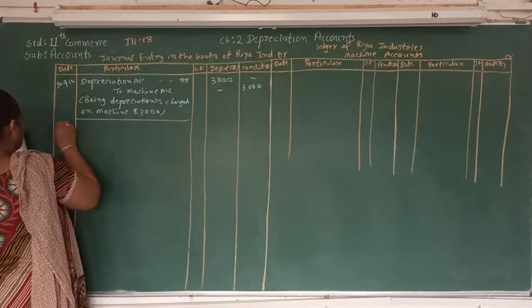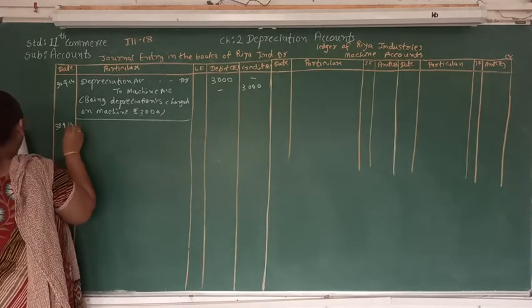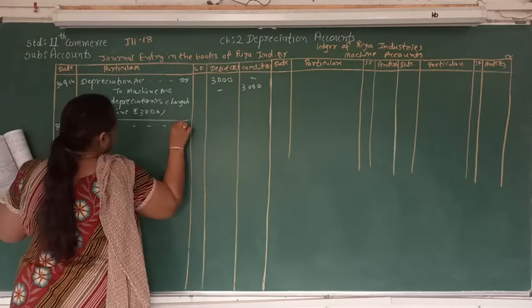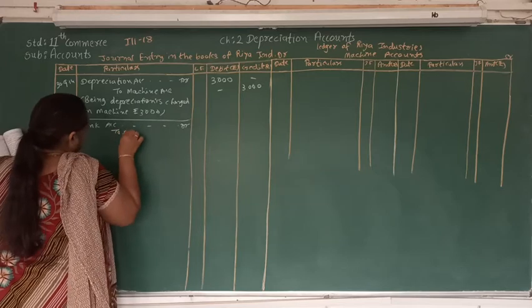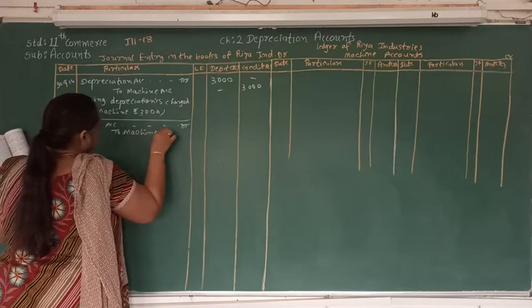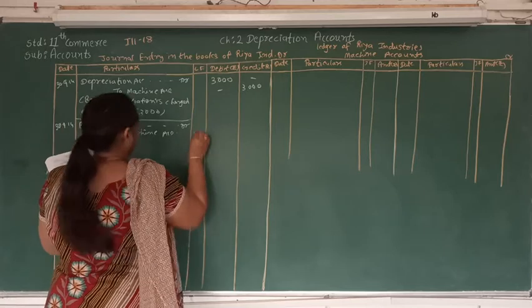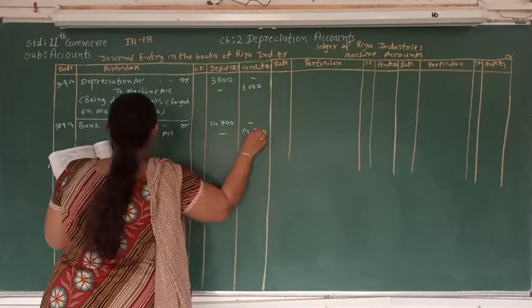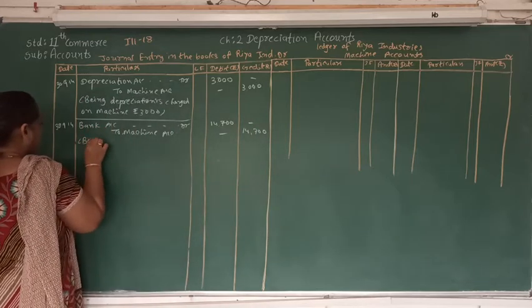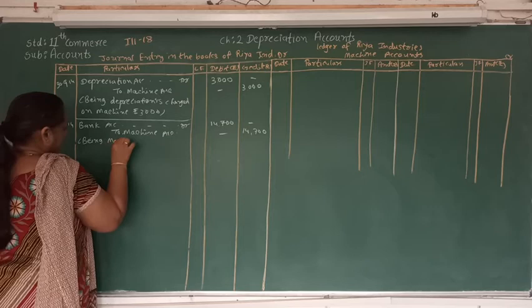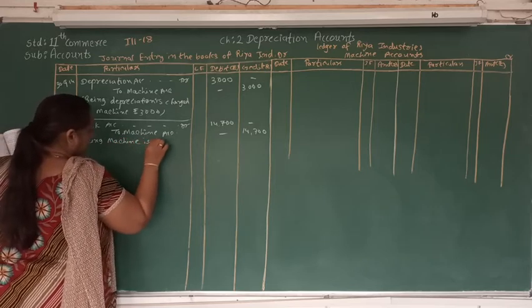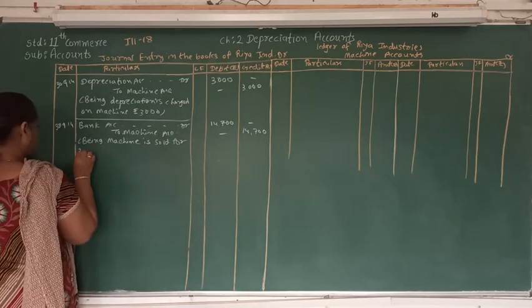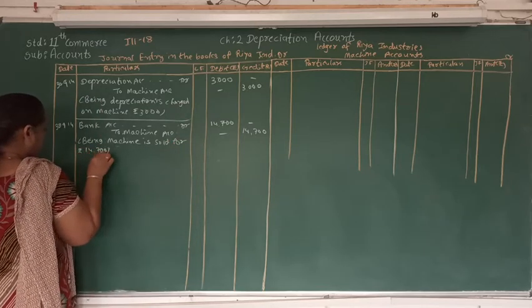That is again on the same day, 30/9/14 bank account debit to machine account, and that will be for 14,700, being machine is sold for rupees 14,700.